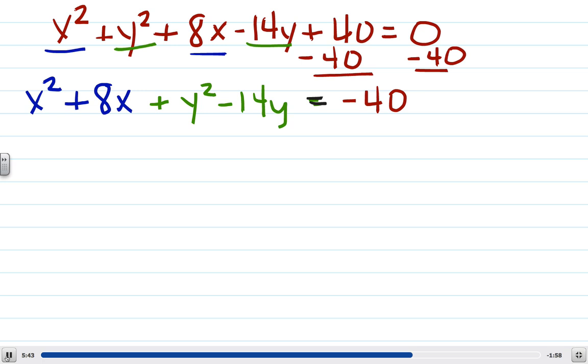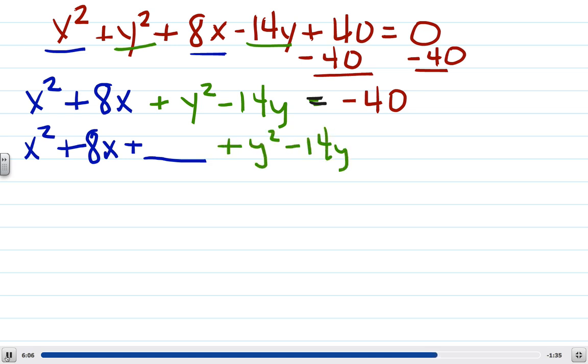Once again, I don't have anything in that perfect product of sums or differences form, so I need to get it to that. Let's start with the x's. I have x² + 8x plus something, and then y² - 14y plus something, and all of that is equal to -40.